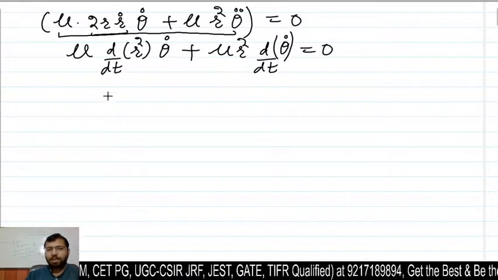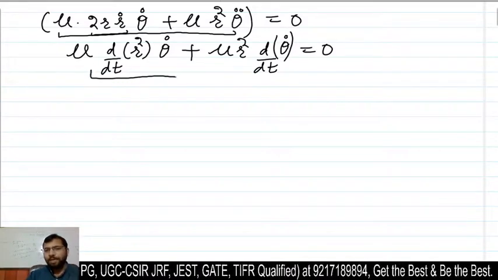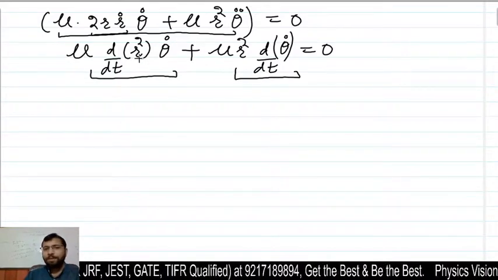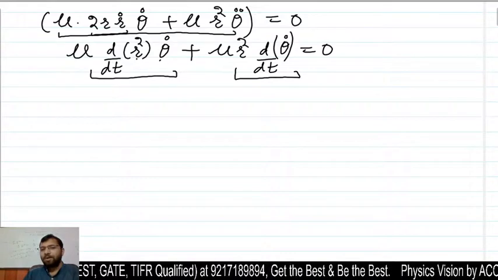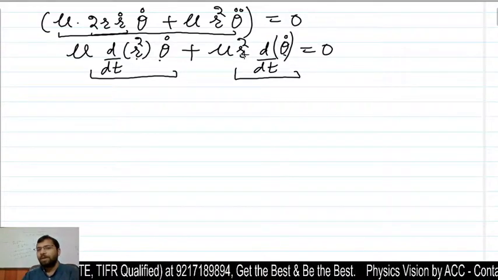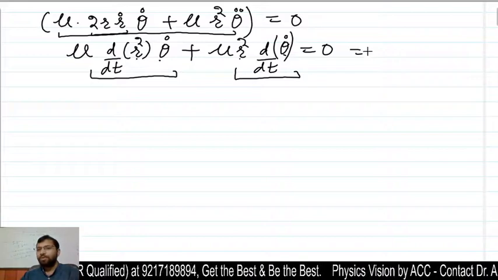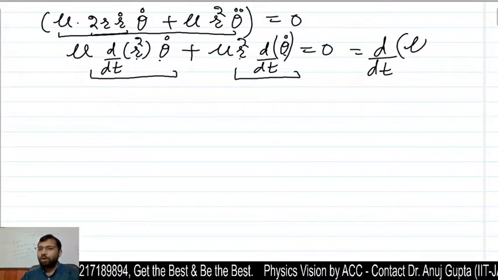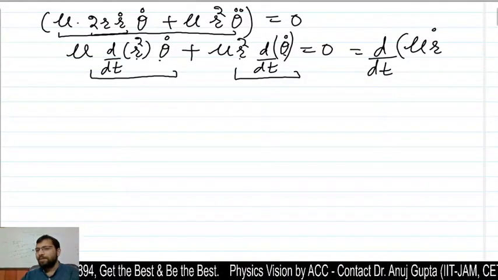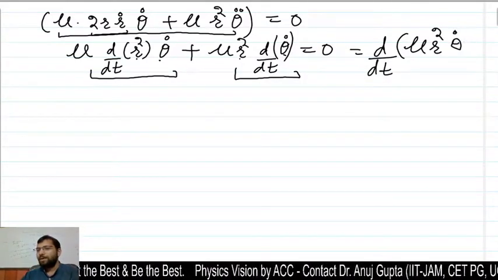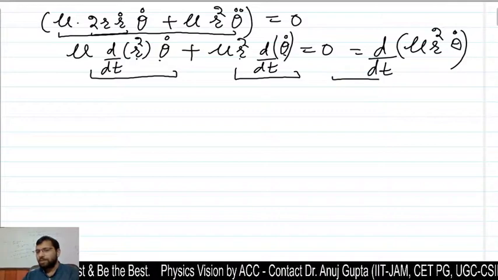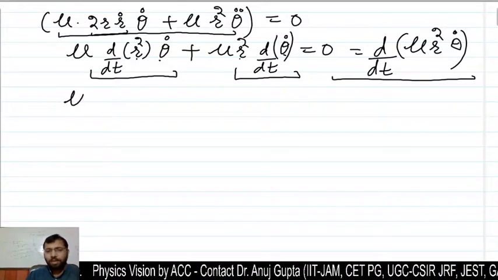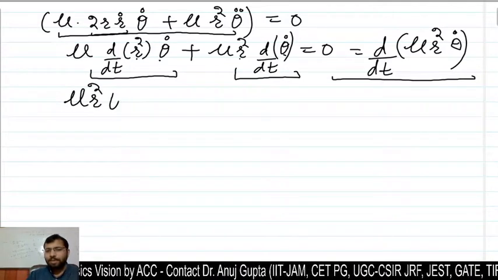So this is actually, we are using a product rule here, where we are putting one term derivative of first term second constant and derivative of second term first constant. So this gives you derivative of जो भी टर्म है, म्यू कांस्टेंट है, आर स्क्वायर का डेरिवेटिव ले रहे हो, थीटा डॉट का डेरिवेटिव ले रहे हो, सो कांस्टेंट ऑफ दिस, डेरिवेटिव ऑफ दिस, and if this is the derivative equal to 0, this is given by mu r square theta dot.